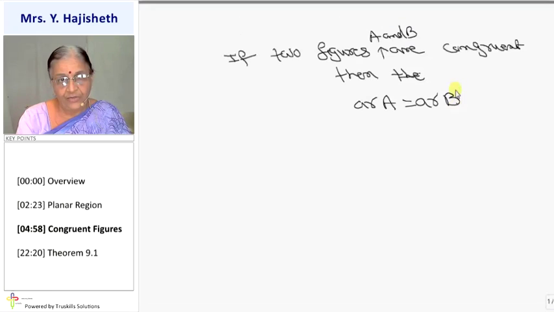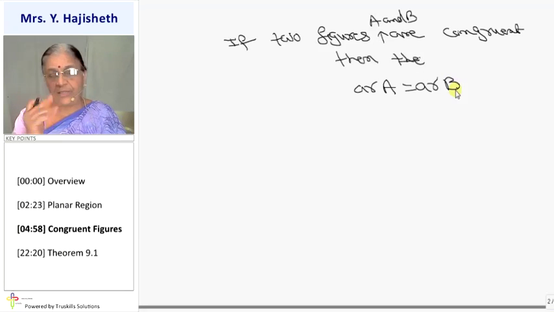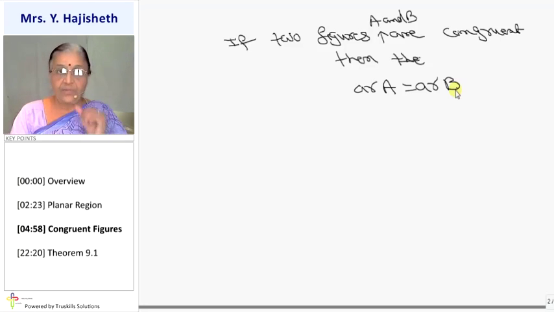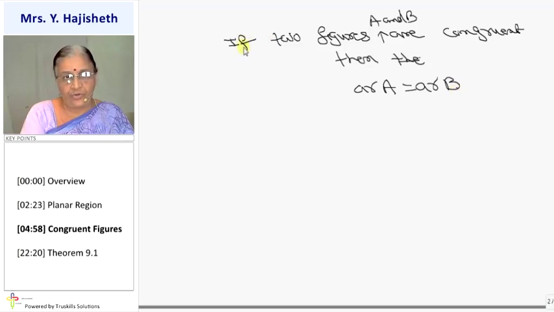For triangles, the rules for congruency are SSS, SAS, AAS, ASA and RHS. Congruent figures have equal areas. But the converse is not true.